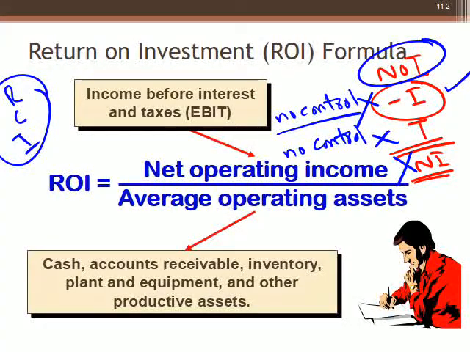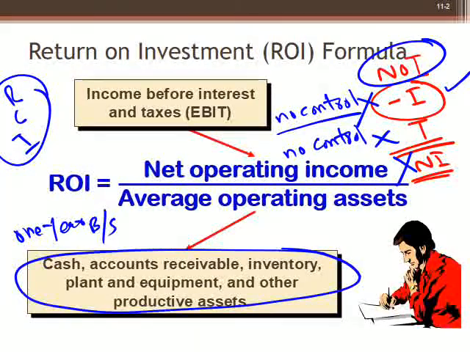And how can we calculate the average operating assets? If we are given a one-year balance sheet, then we can use cash, accounts receivable, inventory, plant and equipment, and other productive assets.